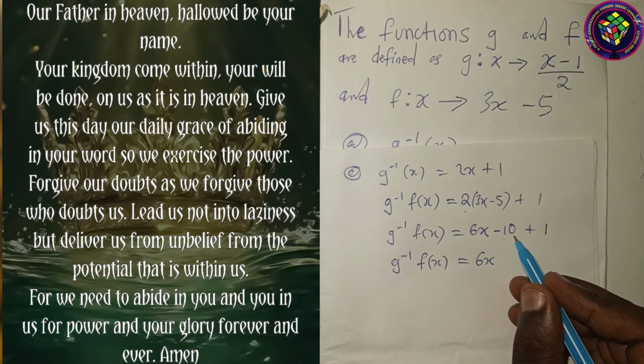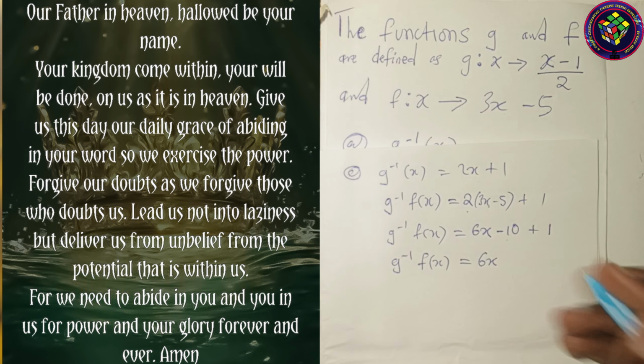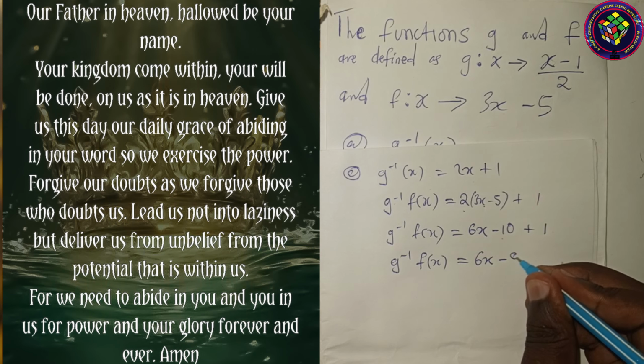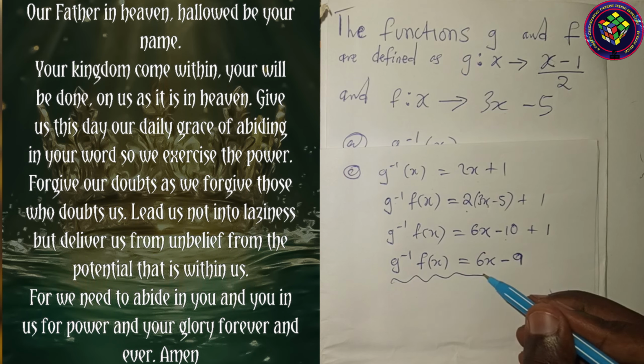And the bigger number here is 10, and it has a minus. So negative 10 plus 1, that is negative 9. So g inverse of f of x is equal to 6x minus 9.